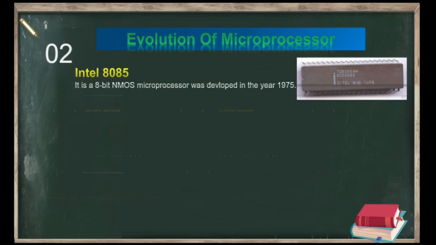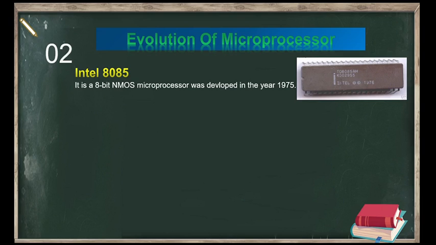In 1975, Intel developed an improved 8-bit NMOS processor, that is Intel 8085, which uses only one 5-volt supply. It is an improved version of Intel 8080.